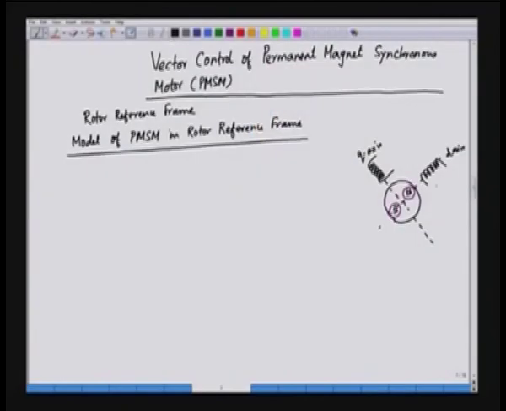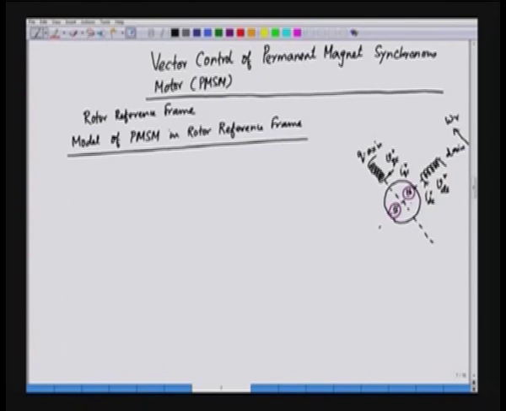In the stator we have 2 windings, ds and qs. So, this we call VDS, and since we are talking about the rotor reference frame, we can choose to give a superscript, that is r, here, and this is VQS with the superscript r, and here we have a current that is IDS r, and here we have a current that is IQS r, and this axis is rotating at a speed of omega r.